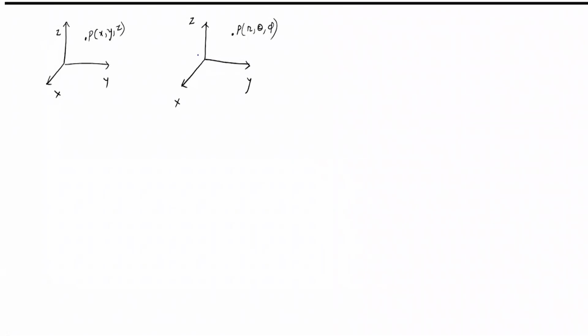Suppose this is the origin, and if I draw a line here, then the angle made by this vector with the z-axis is what we call theta, right? And the magnitude of this vector is what we call r. And if I take a projection of this point on the xy plane, then this angle is what we call phi. So this is r, theta, and phi.